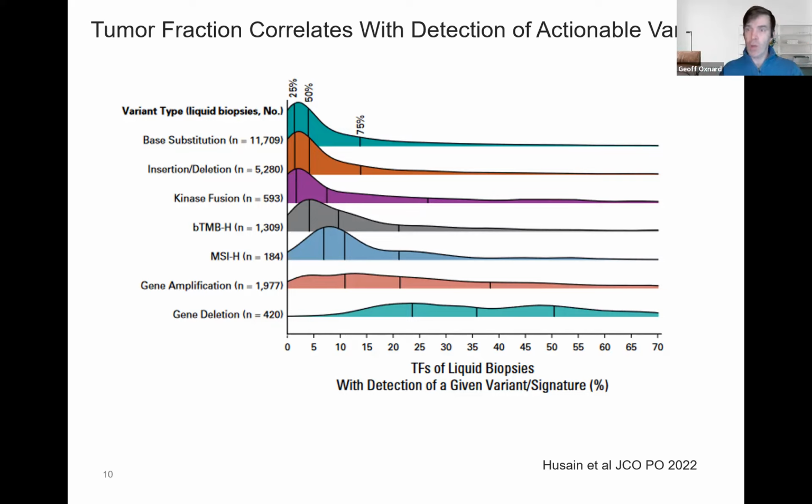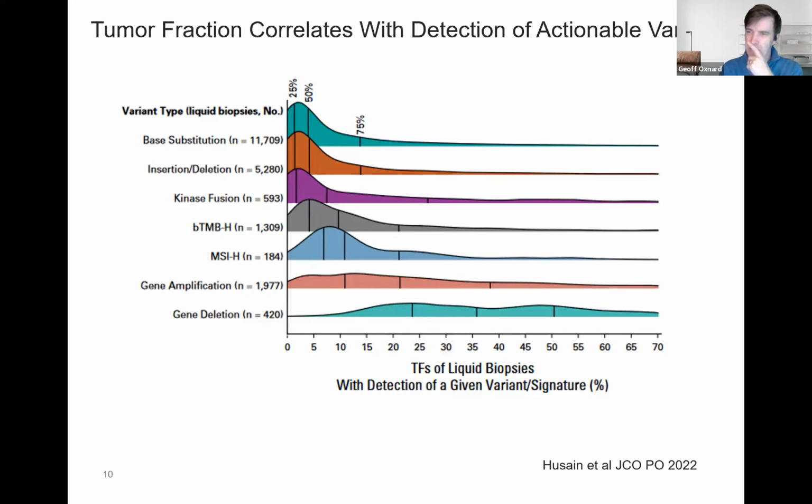Or another interpretation is, we did our best here and didn't find anything, but we're cautious of this negative because there was only a wispy amount of DNA. This negative needs to be checked with tissue. So it's about measuring for the physician how adequate that blood specimen was to provide an informative, and especially an informative negative, liquid biopsy.